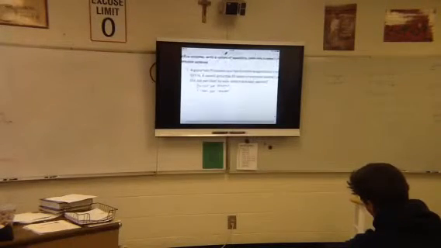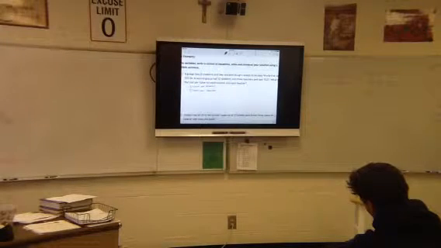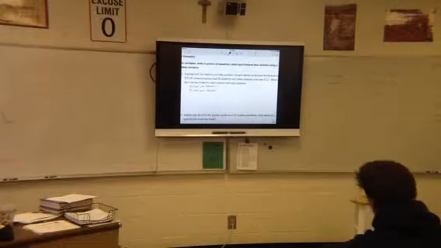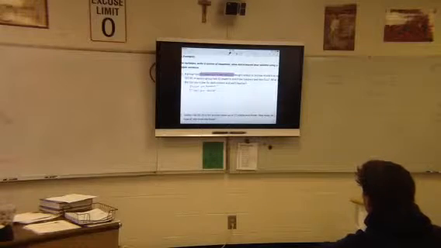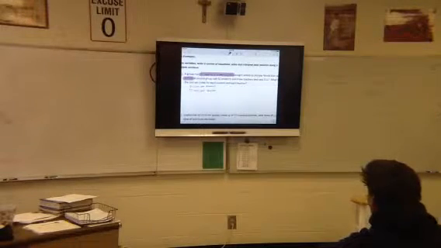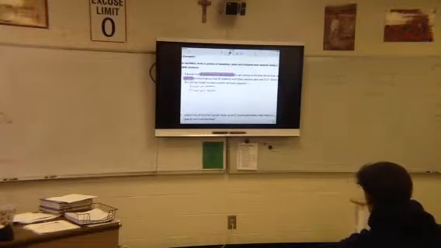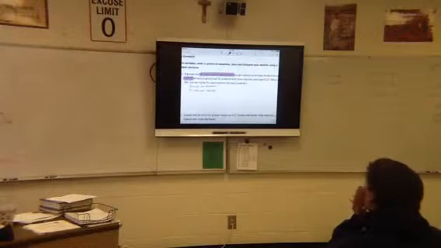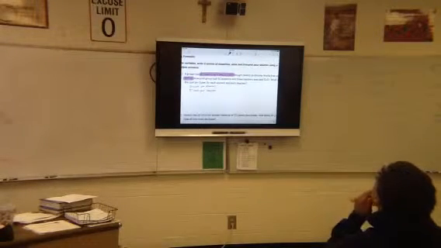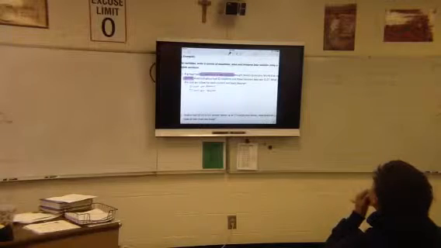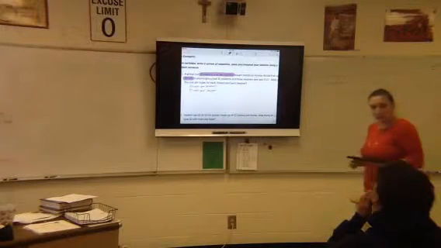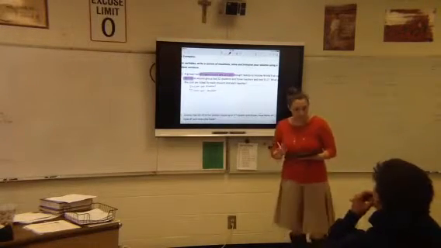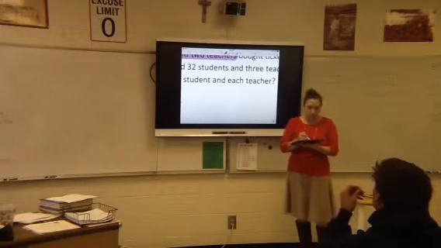Like I said, each sentence will be an equation. So when it says 25 students, 2 teachers, $97.50, what do you think you're going to put there? Anybody got an idea? 25S?